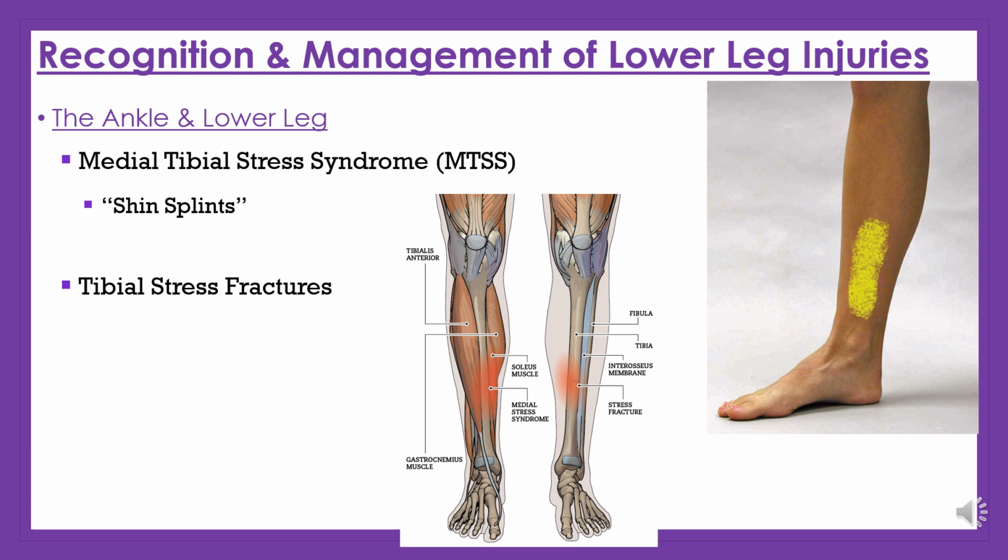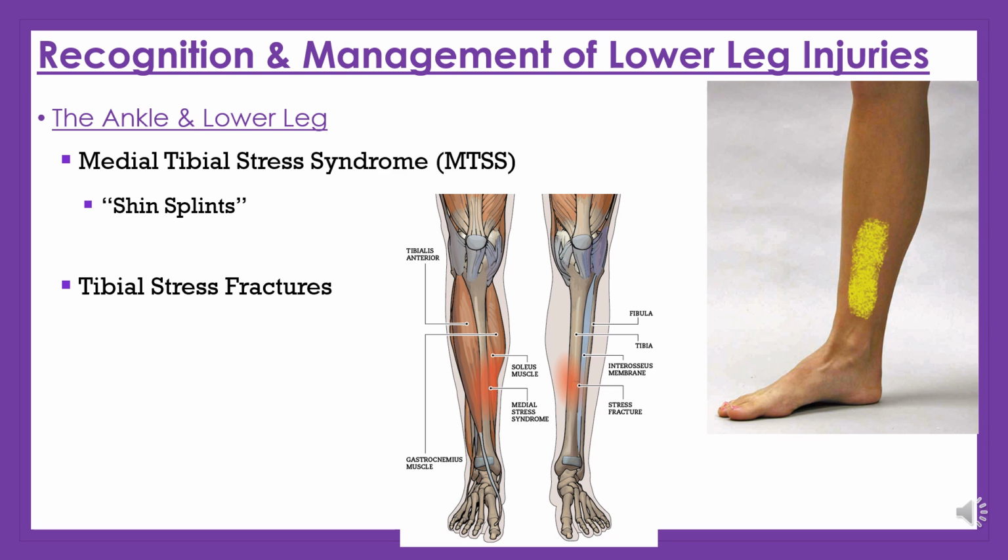MTSS is an injury that typically affects the lower third of the medial tibia, usually brought on by repetitive stress. It can be direct impact to that tibia, but usually it's repetitive trauma, either to the tibia or through running. So repetitive impact to the foot and ankle, especially if the athlete's not used to it. It also can be a consequence of overtraining.